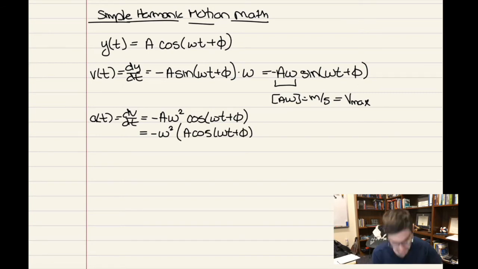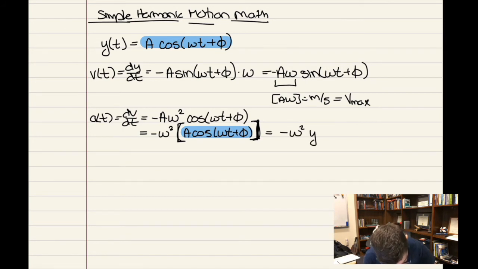By a little algebra rearranging, I could rearrange this so that I put a particular choice of items in these brackets. And if I stare at that long enough, you might notice that what I have there in brackets is nothing more than the function for the position of the oscillator. So I could write this instead as minus omega squared y of t.